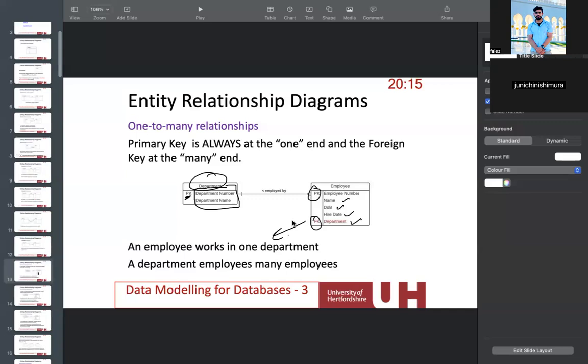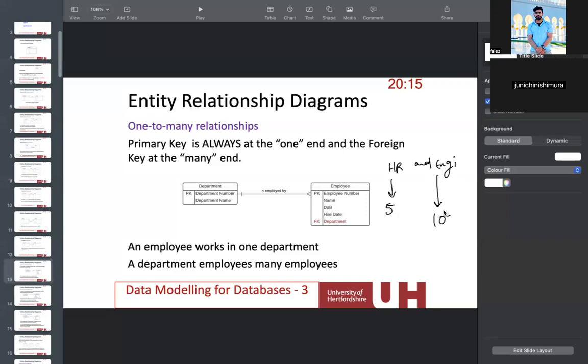in the department entity. So I'll give you a real example of it so that you can understand, because I might be thinking that it is confusing for you. Imagine you have a company with two departments. One is HR, another one is engineering. Now HR has 5 employees and engineering has 10 employees.